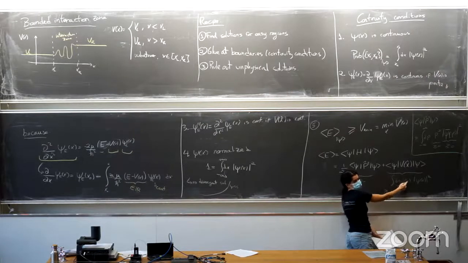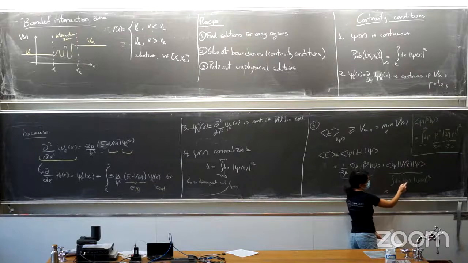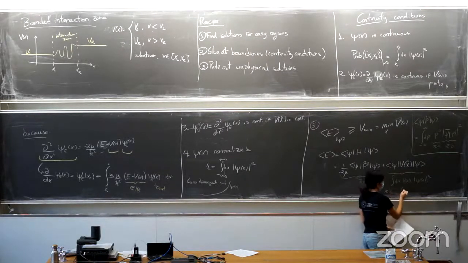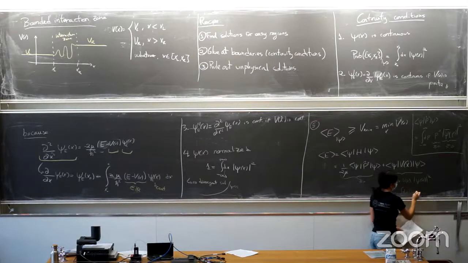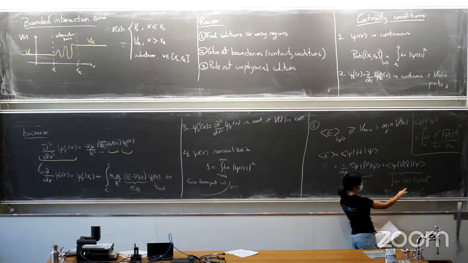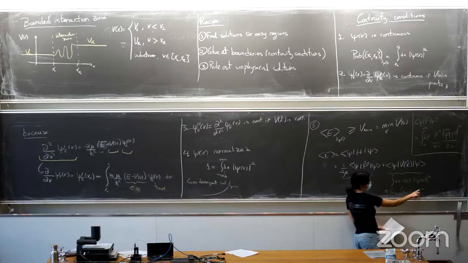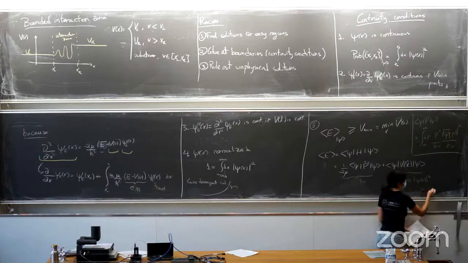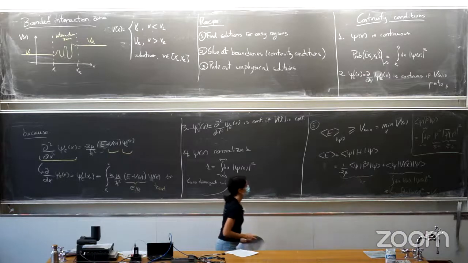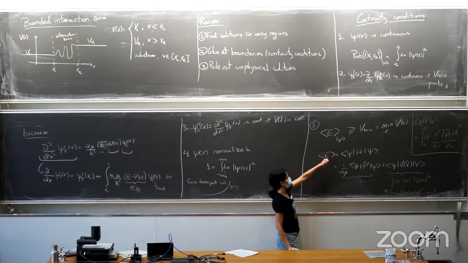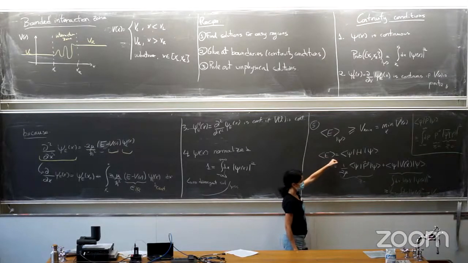It's multiplied by a number, and this number changes in V, so it's larger than if I had V min times the integral dx of this. But because the wave function is normalized, this integral is 1. So that's just V min. So we end up with the average energy of any wave function needing to be larger than V min.